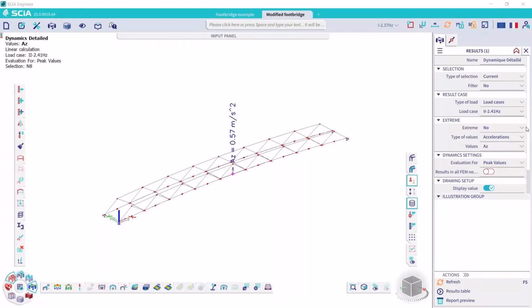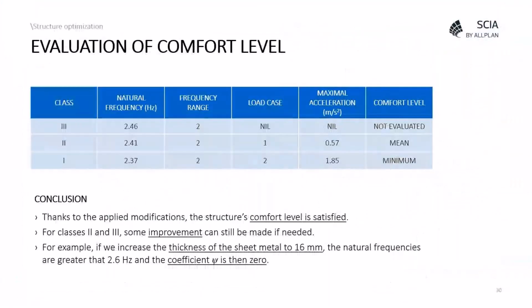And if we look at class 1, we will get an acceleration of 1.85, which is a minimum level of comfort. So, in summary, for class 3, the vibration analysis is not needed anymore. For class 2, we have a mean comfort level, and for class 1, we have a minimum comfort level.